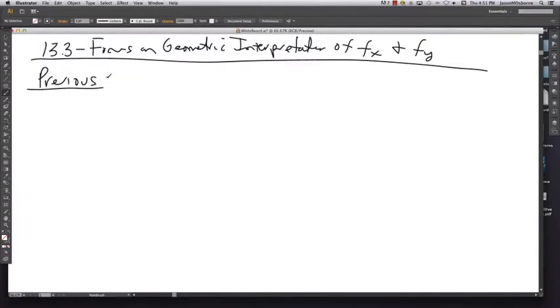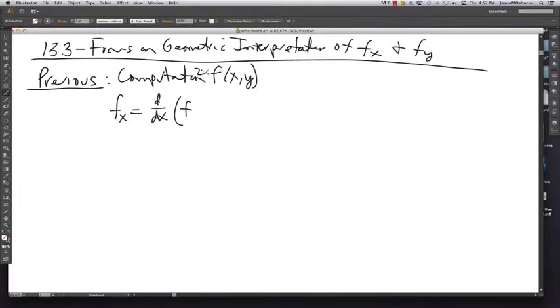In the previous video, we just focused on computation. There were two ways that we could compute the partial derivative f sub x. Let's state at the beginning that z is equal to f of x, y.